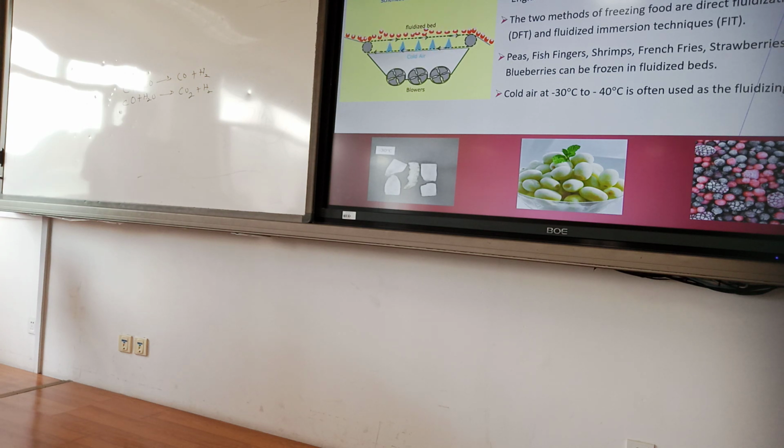This involves immersing the food to be frozen. This technique is known as the freezer immersion technique, or FIT. This technique is better for prepared foods because there is less risk of contamination of the food by the inert support material. And the DFT method is better for small particle foods.